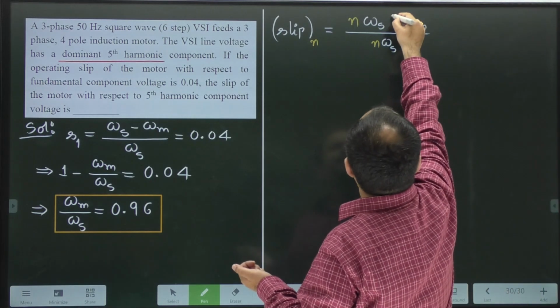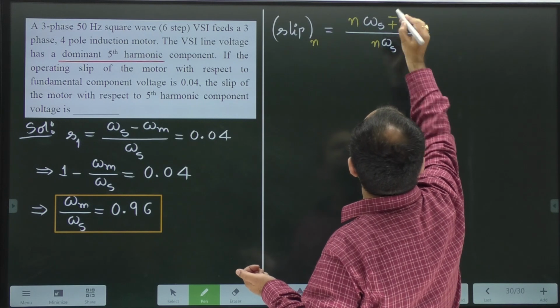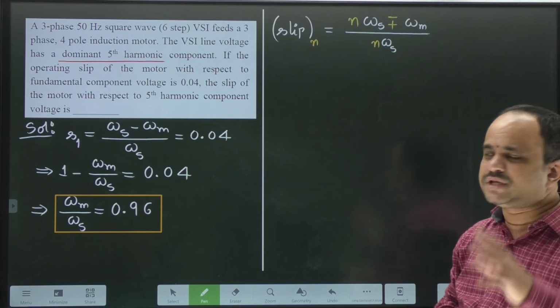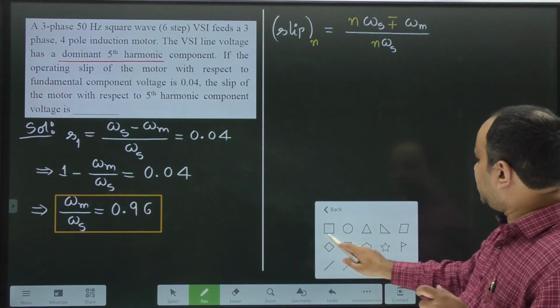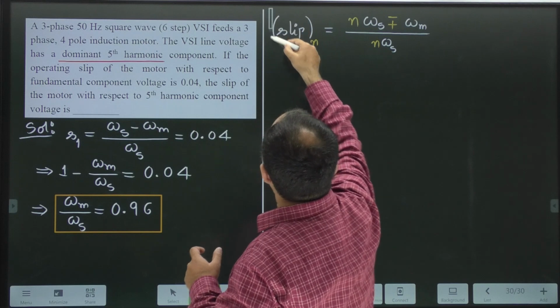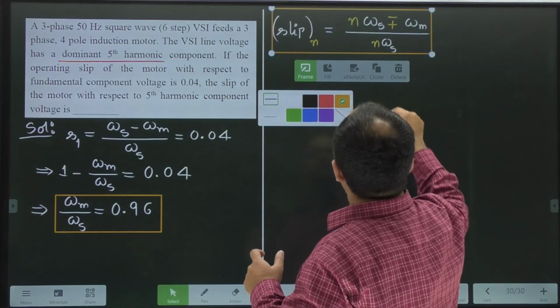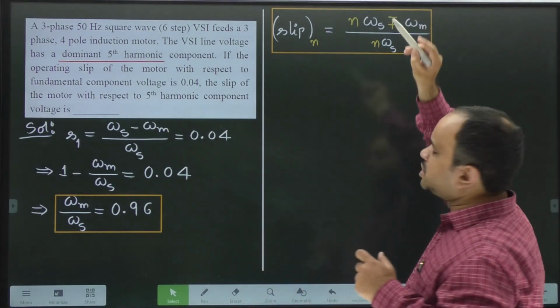And the rotor mechanical speed basically cannot change instantaneously. Here you have to use symbols like minus and plus. Under the normal definition of slip, what symbol do we use? Minus, right? That means the slip corresponding to the fundamental component belongs to the minus symbol.